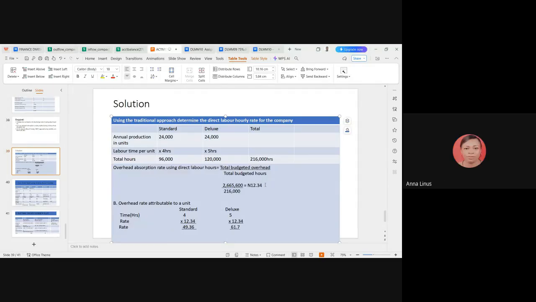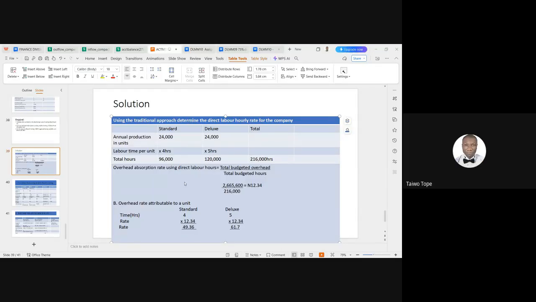Fine. So now, this is based on labor hours, the rate of 1 hour. The question is, how many hours will you use to produce 1 unit of standard? 4 hours.